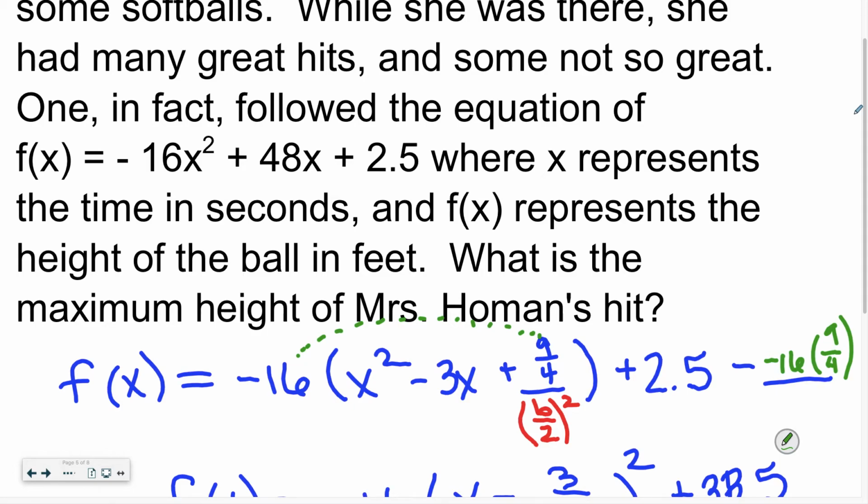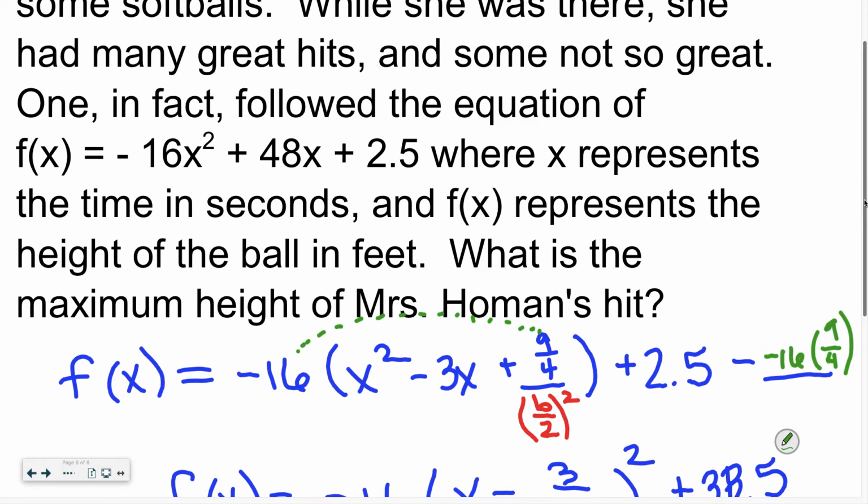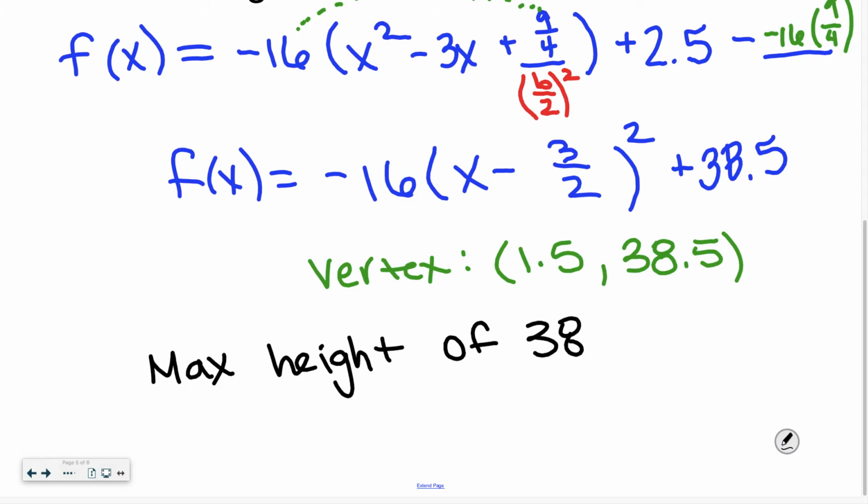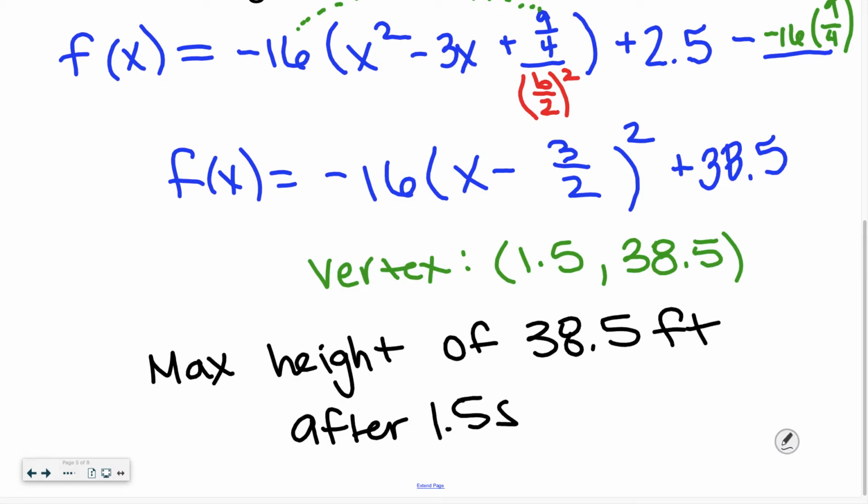The height of the ball. So, if I want the maximum height, which one do I care about? The y value, 38.5. So, Mrs. Holman's softball reached a max height of 38.5 feet after 1.5 seconds.